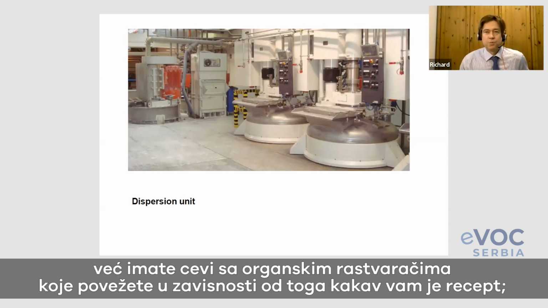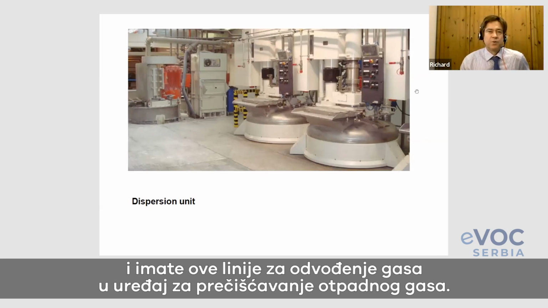You have here tubes for the different main lines with organic solvents that you can connect depending on your recipe, and you have extraction lines, for example here, that are connected to the waste gas abatement.